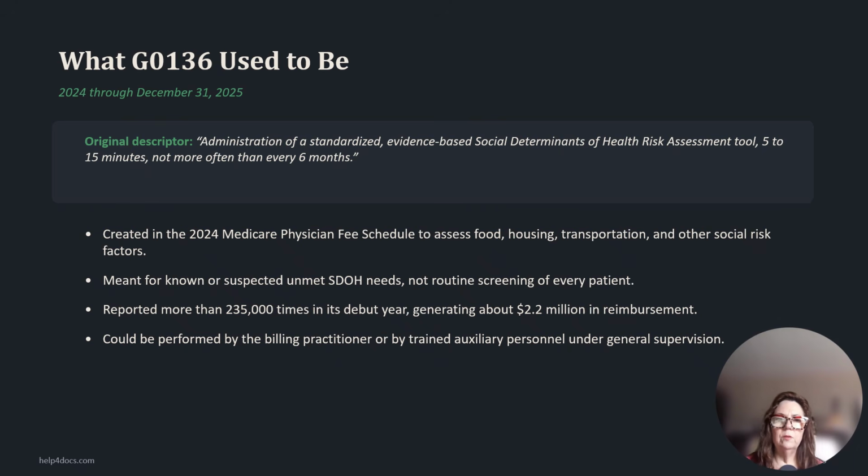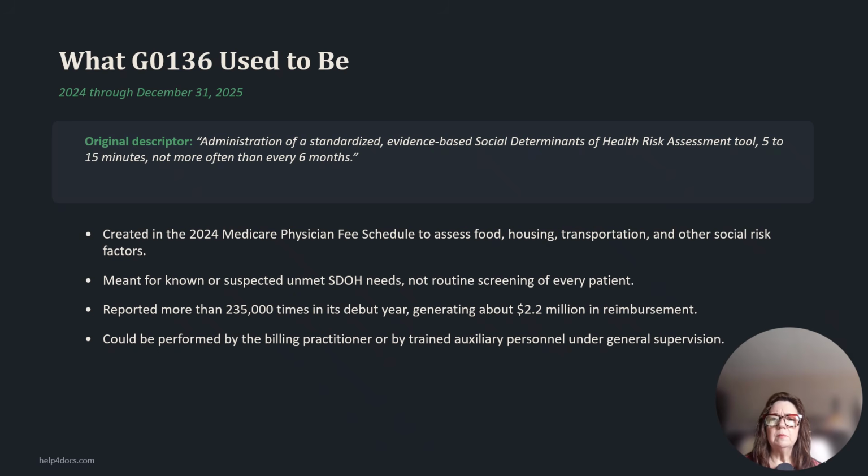Okay, with that out of the way, let's set a baseline. G0136 launched back in 2024 as the SDOH risk assessment code. The idea was to pay practitioners for identifying social barriers, things like food insecurity, housing instability, and transportation gaps that were getting in the way of patients following their treatment plans.